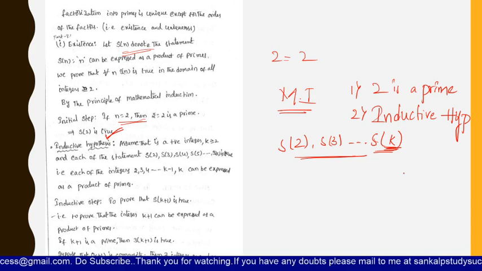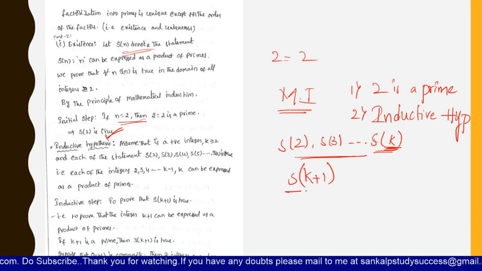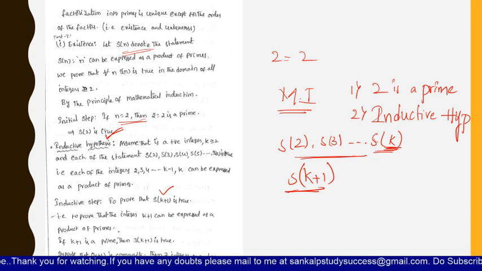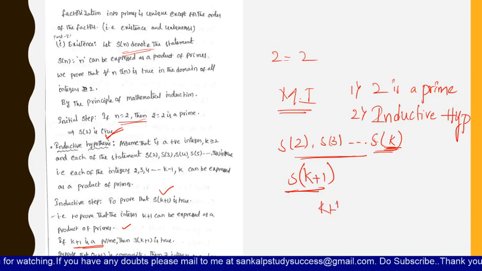Now coming to the inductive step, you have to prove S of k plus 1. To prove that S of k plus 1 is true, k plus 1 should be expressed in terms of a product of primes. If k plus 1 is prime, then we will express it as k plus 1 only.